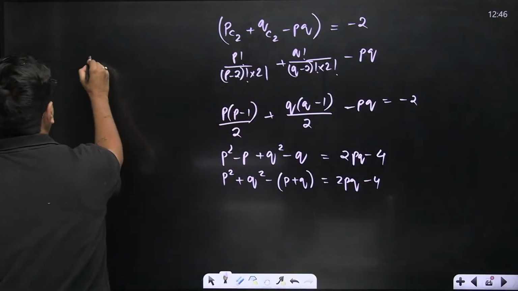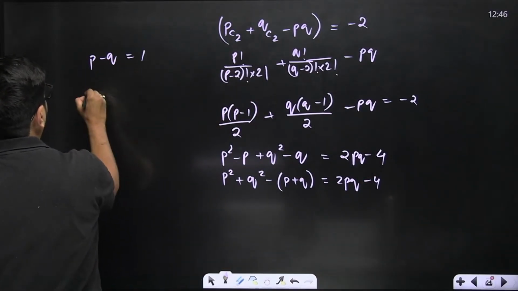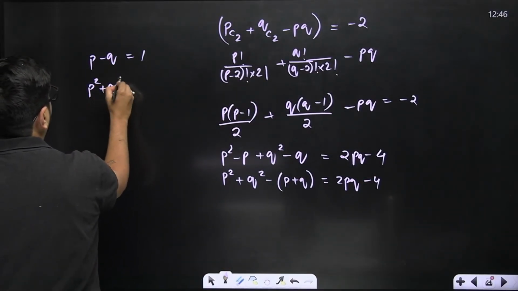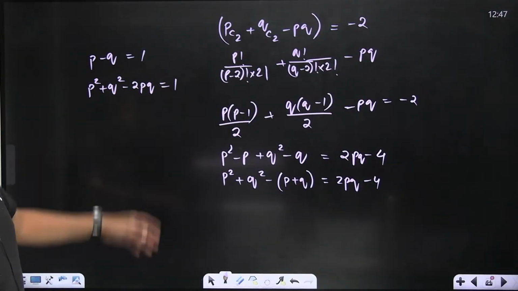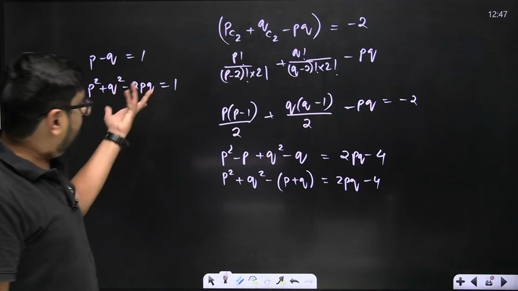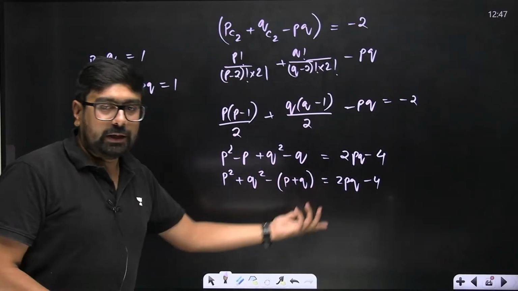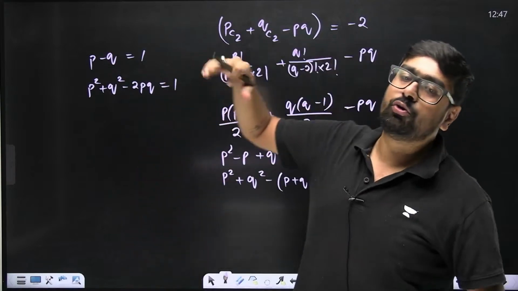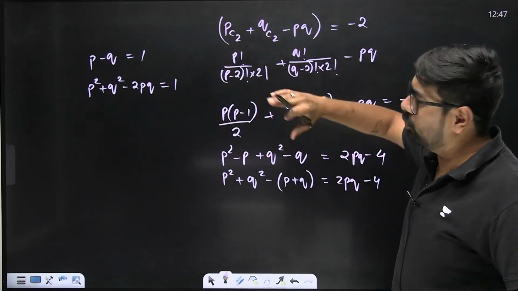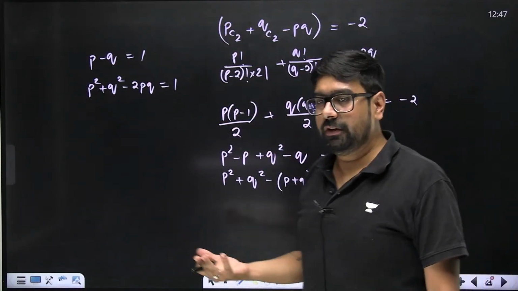Now one equation we already have, P minus Q equal to 1. If we square it, P square plus Q square minus 2PQ is equal to 1 on squaring both the sides. Now just find any value, 2PQ you can find. Either you can use P plus Q whole square is equal to P minus Q whole square plus 4PQ, anything, any way you can solve with your own way.